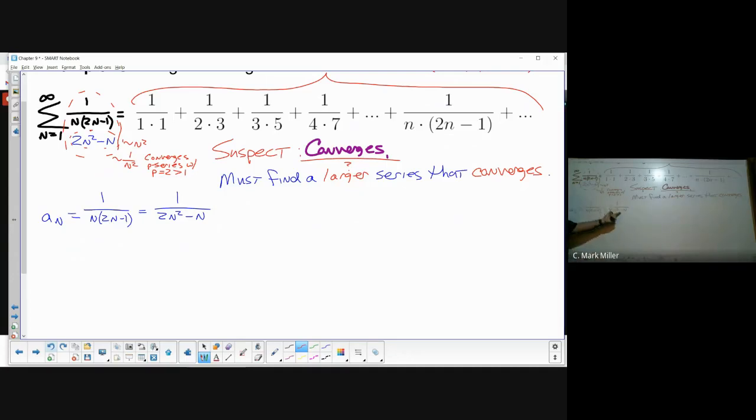And so that makes the denominator smaller and the new series bigger. So this is less than 1 over 2n squared minus n squared. How does that help us?